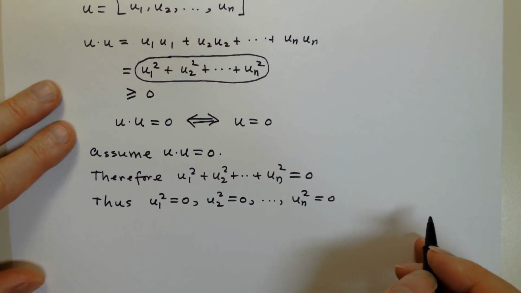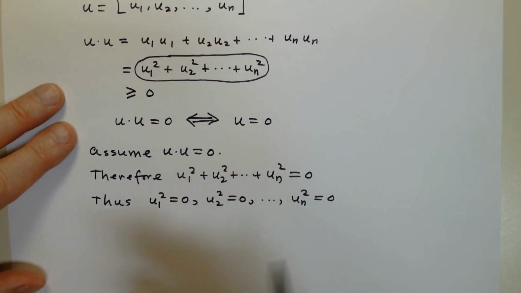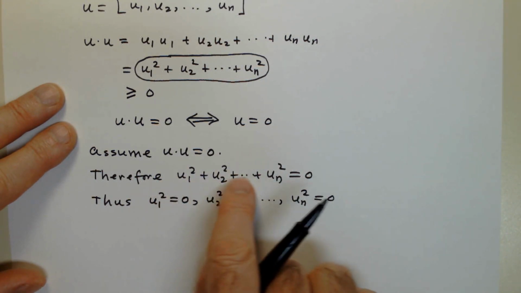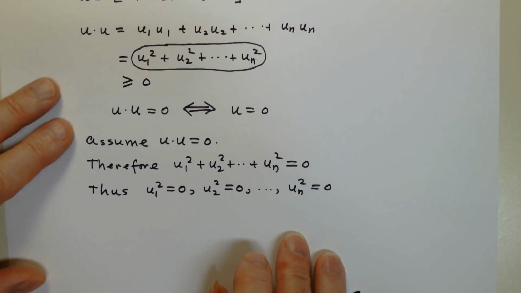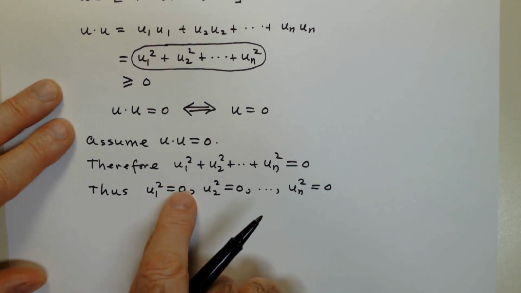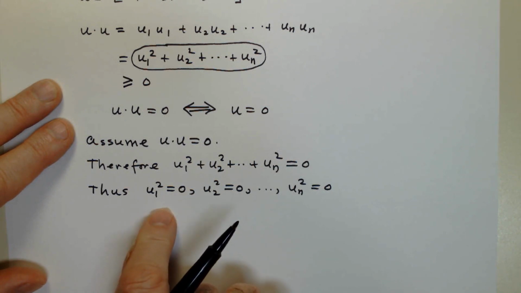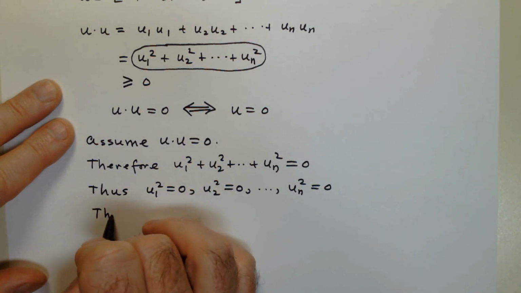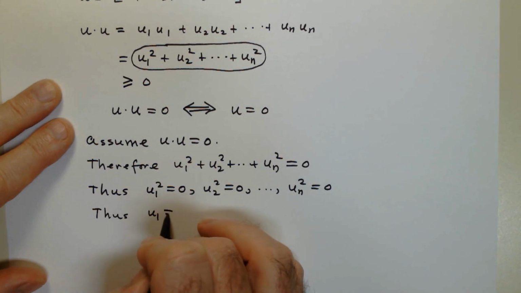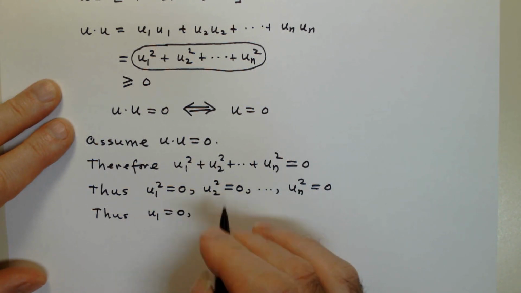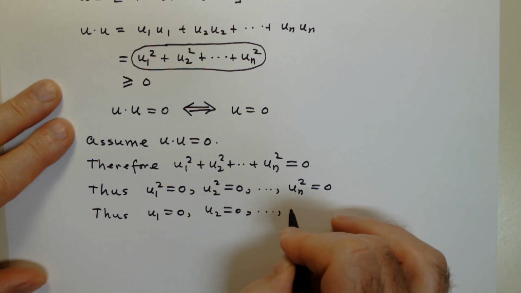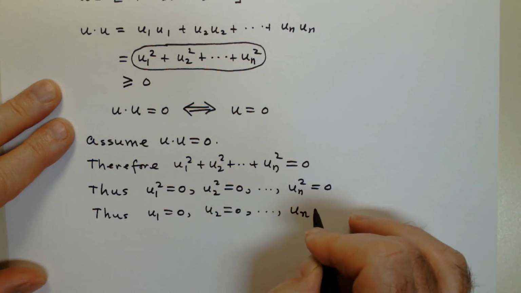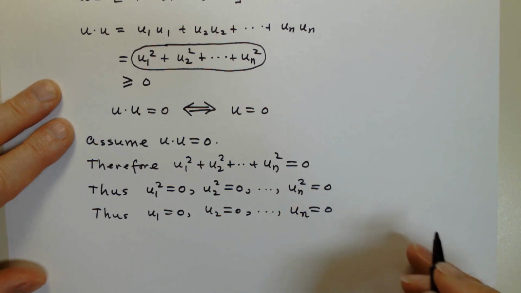In other words, if any one of them were positive, the entire sum would be positive. So the fact that this sum of squares is equal to 0 means that each one of the parts is itself equal to 0. If u1 squared is equal to 0, that means u1 is equal to 0. And if u2 squared is equal to 0, u2 has to equal 0. And finally, if un squared is equal to 0, un must equal 0.